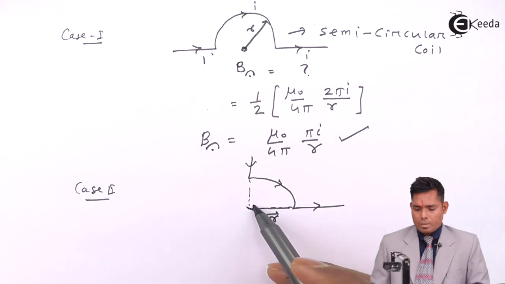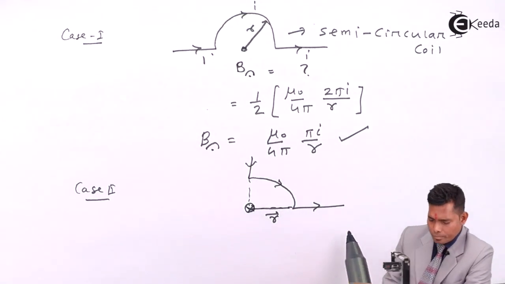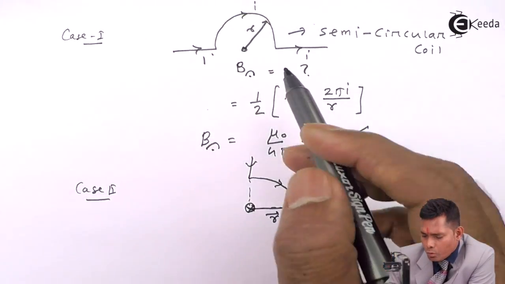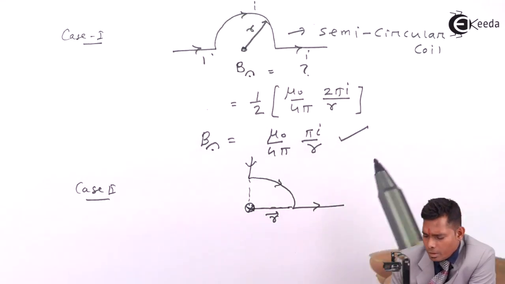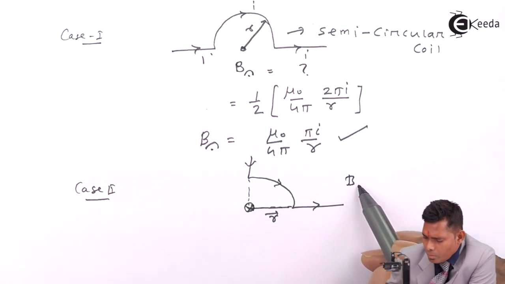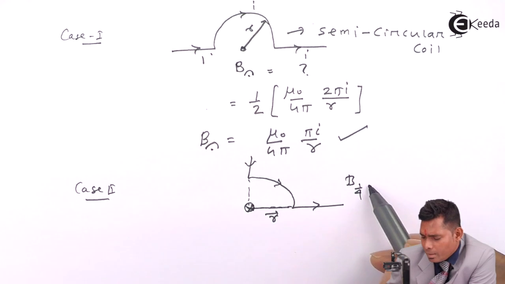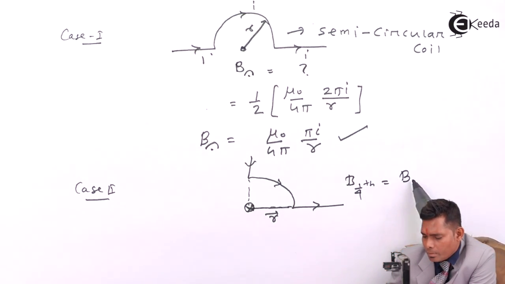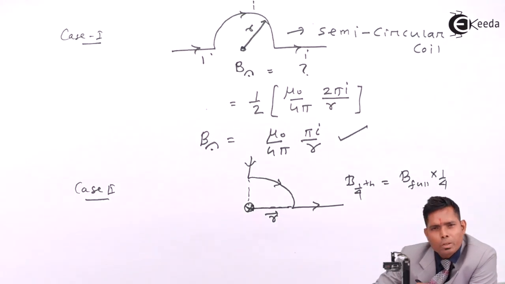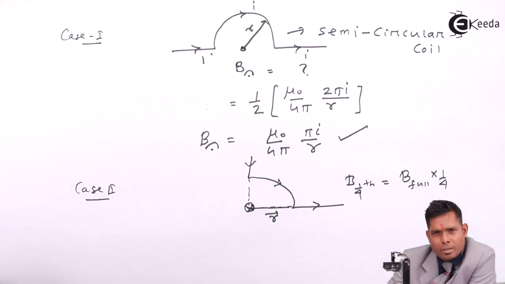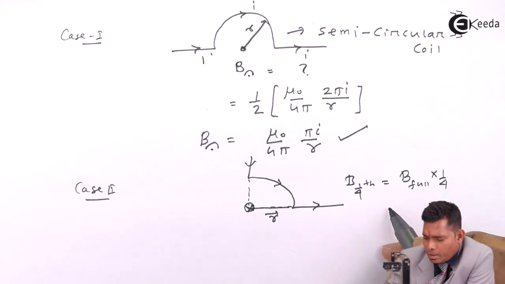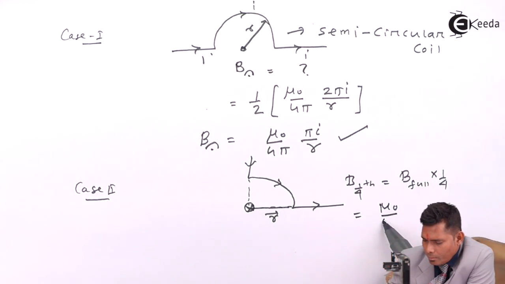Then you will write 1/4 of the full circle. That means B for the 1/4 part of the coil. This will be the case. The full coil you take and divide by 4. That is correct. This will be the answer.